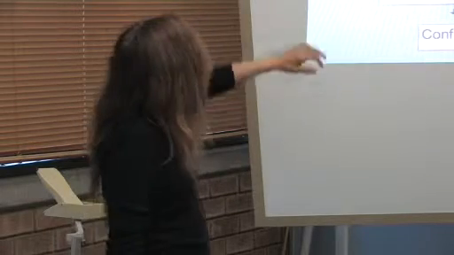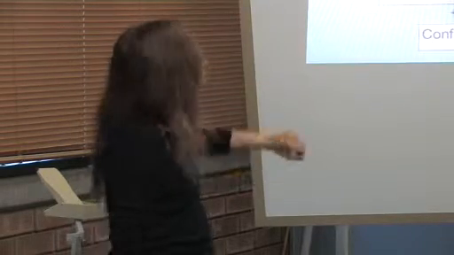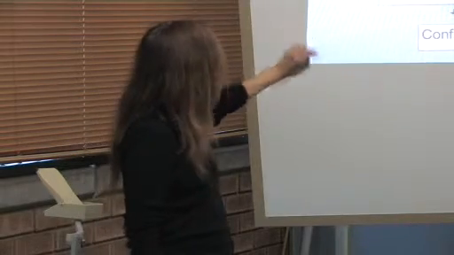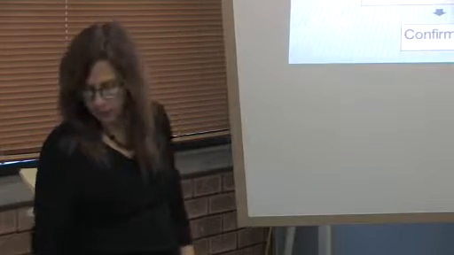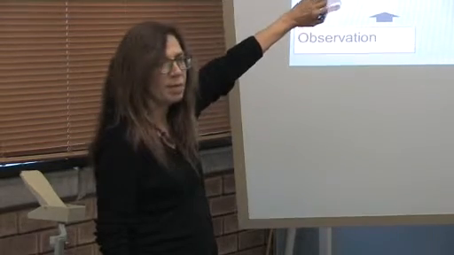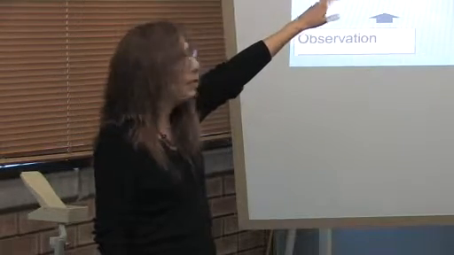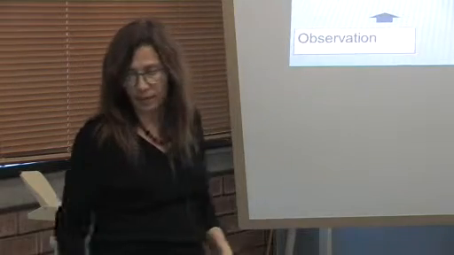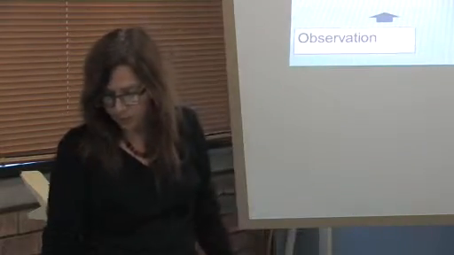Deduction, clearly: I start from the theory, I develop a hypothesis, I do my observations, and I say, yes, it works. Straightforward. Induction: I'm having observations, I'm seeing patterns, I'm forming a theory, a hypothesis. These are different approaches.